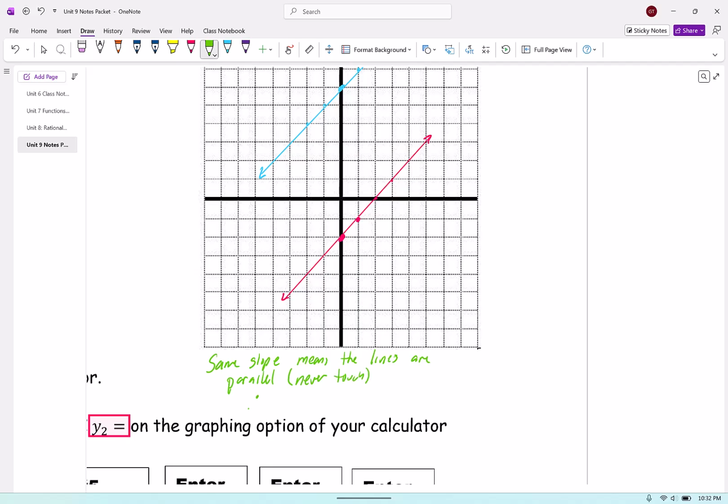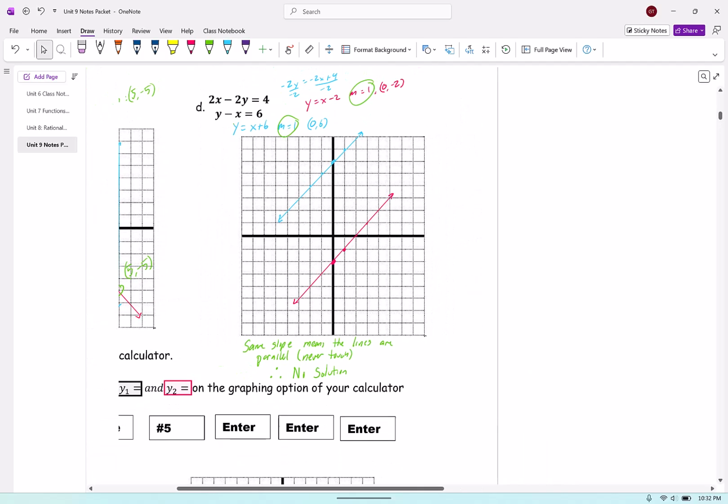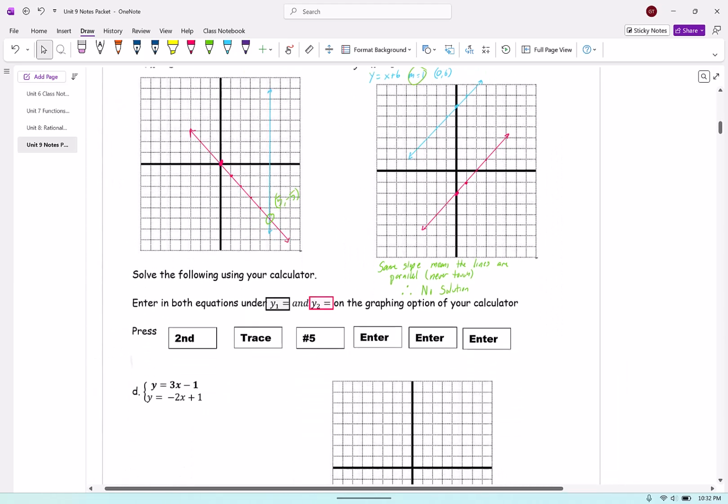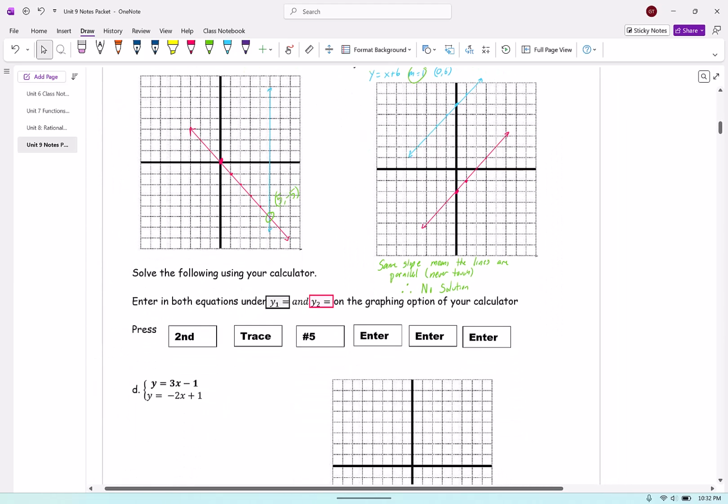Remember this from geometry, that little dot triangle means therefore, there is no solution. They don't intersect, so there's no solution that will satisfy both of these. And so we are good there.